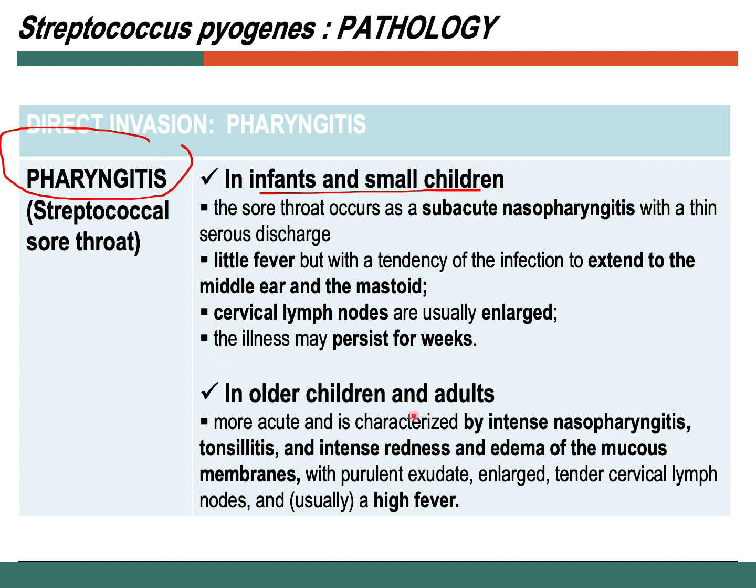In older children and adults, this is more acute and characterized by intense nasopharyngitis, tonsillitis, and intense redness and edema of the mucous membrane with purulent exudates, enlarged tender cervical lymph nodes, and high fever. Okay? So, how do we diagnose this one? Pharyngitis is usually diagnosed, if you still remember your specimen collection topic, using throat swab. And after getting throat swab, you do direct antigen detection or even culture.